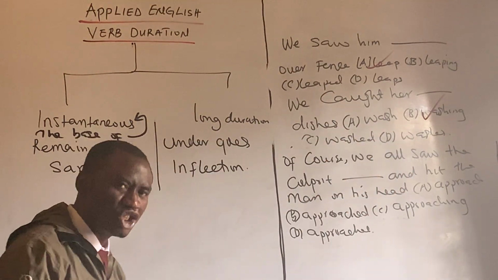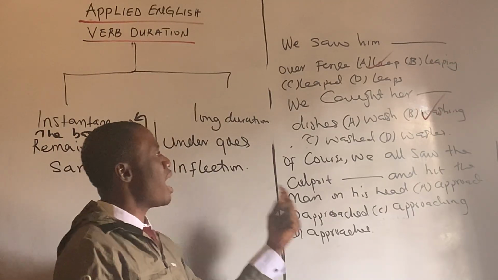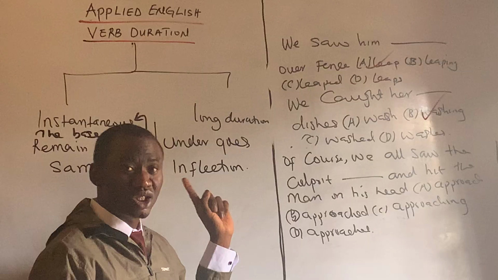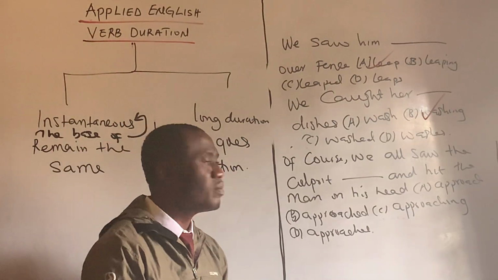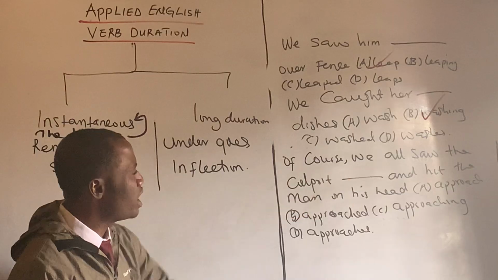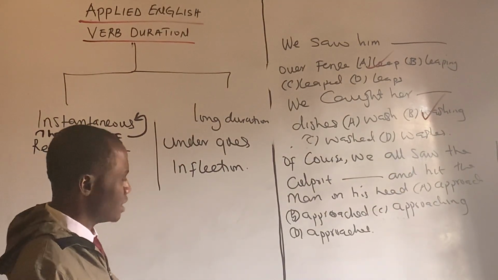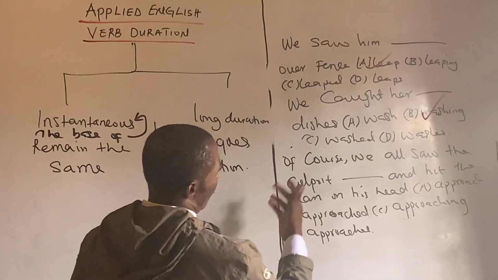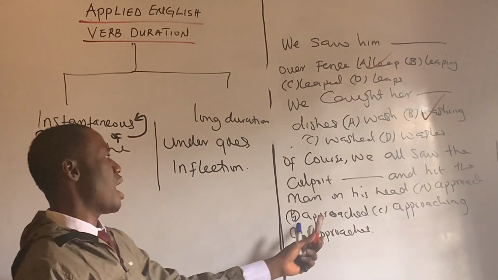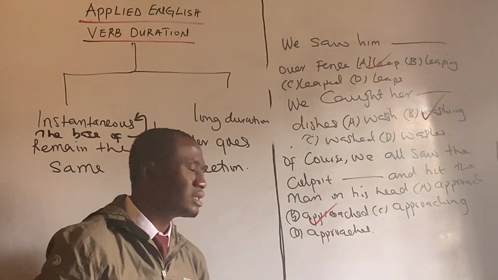Approach is a long duration verb, so we are permitted to change the base form. We now change the base form to a past tense. Of course, we all saw the culprit approached and hit the man on his head.